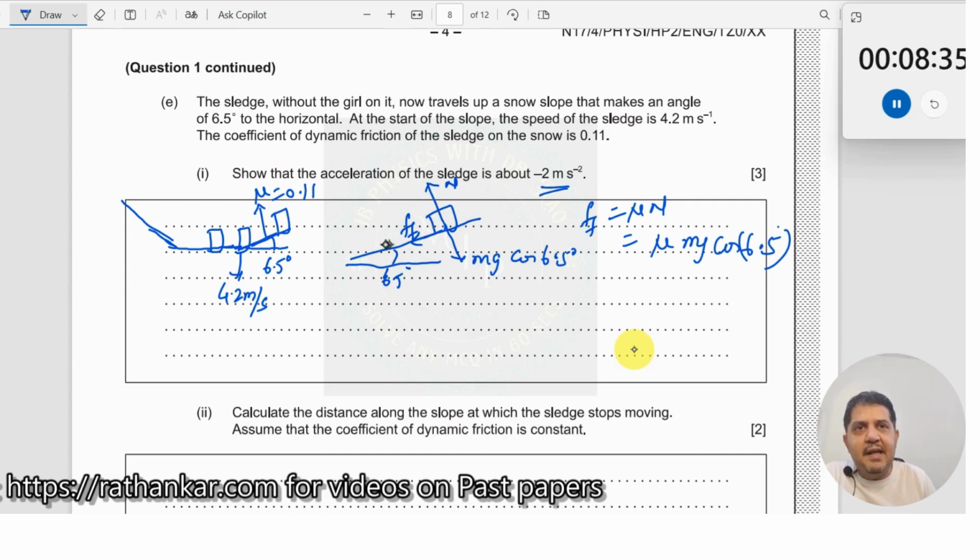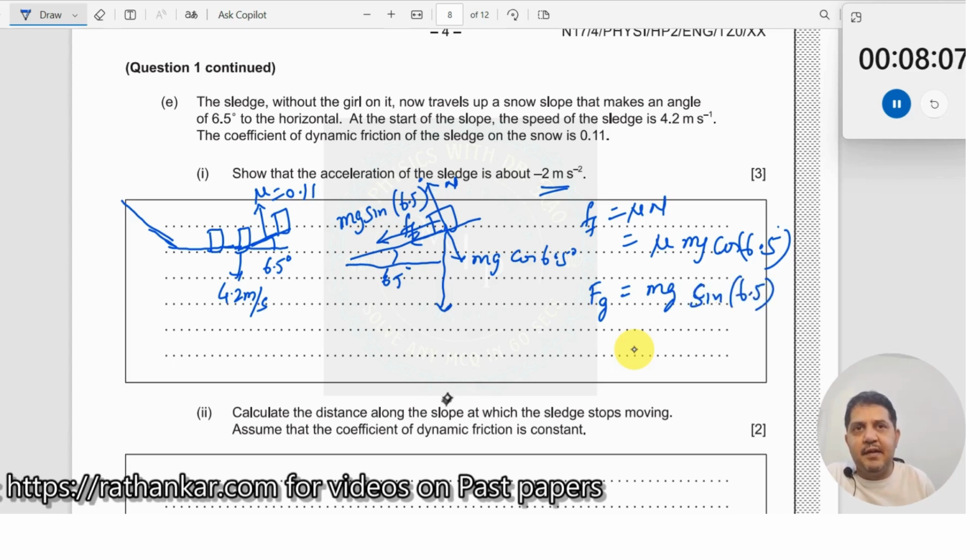Then at the same time, when the object is going upwards, gravity is also trying to pull it down the slope. What is that force? That force is mg sine of 6.5 degrees. What did I do? I took this force and resolved it into x and y components, and that's why I got this value, right? So therefore, the other downward force is nothing but gravity. Let me write Fg is equal to mg sine 6.5.